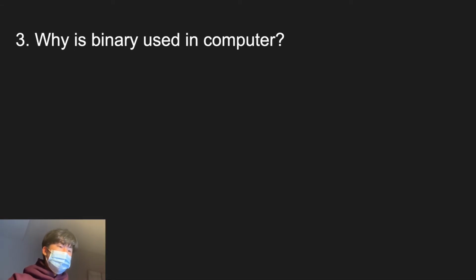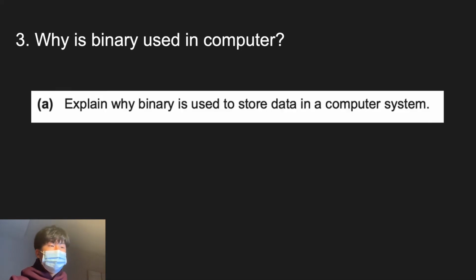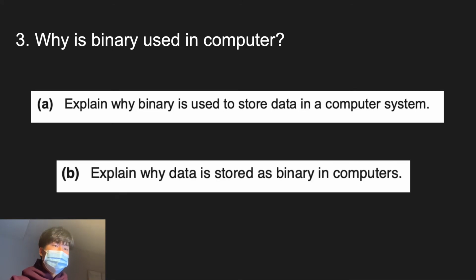The third type of question requires you to memorize a tiny bit. It asks why programmers use, or why is data stored as binary, like this. So it just simply means why binary is suitable for computers, or why machine language is in binary.